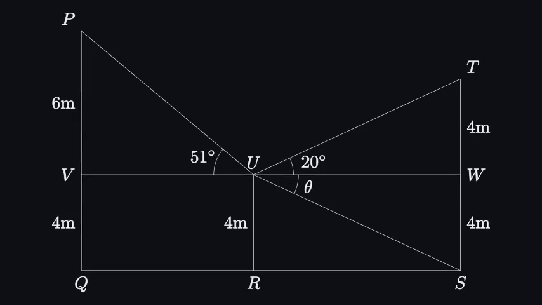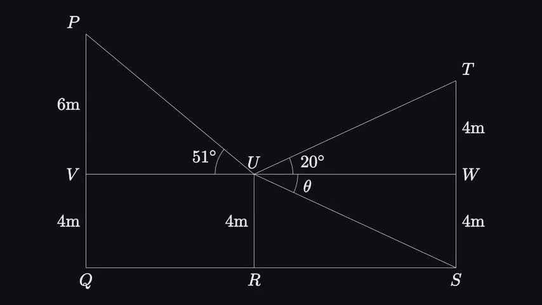Study the diagram carefully. This prepares us for the next step. Length of PQ equals 10 meters. Length of UR equals 4 meters. Now, let us write the important vertical lengths.